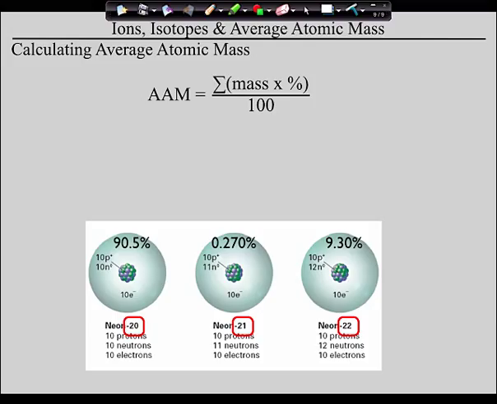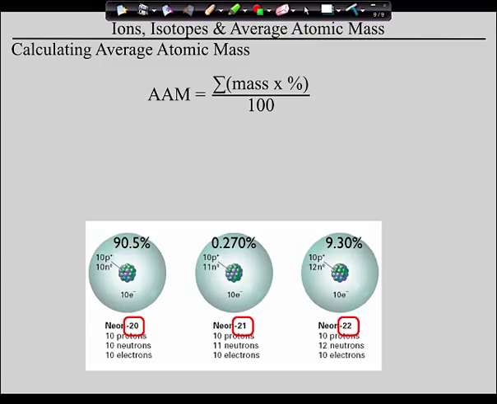Do you guys know about sigma? You do? Oh, good. Yeah, so it's sigma. Good. Well, we'll talk about it in a second for those that don't. So guys, average atomic mass is equal to sigma times the quantity, mass times percentage, divided by 100.